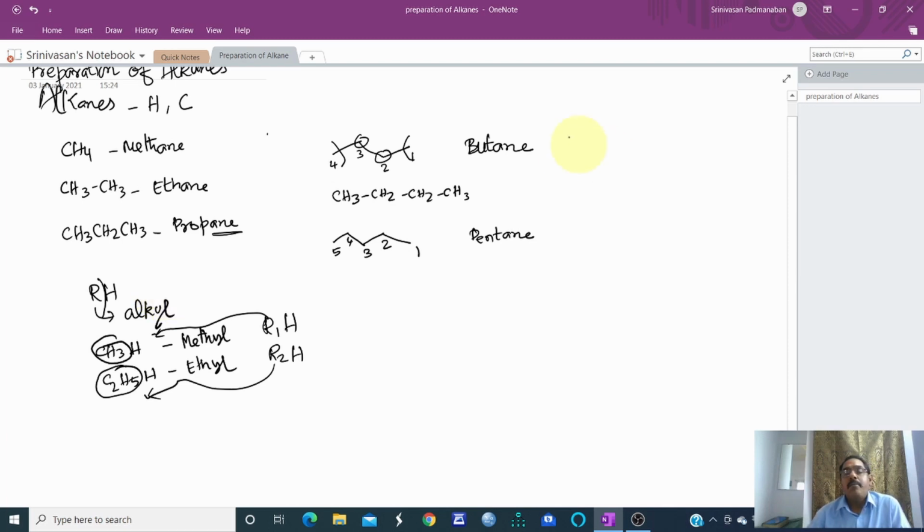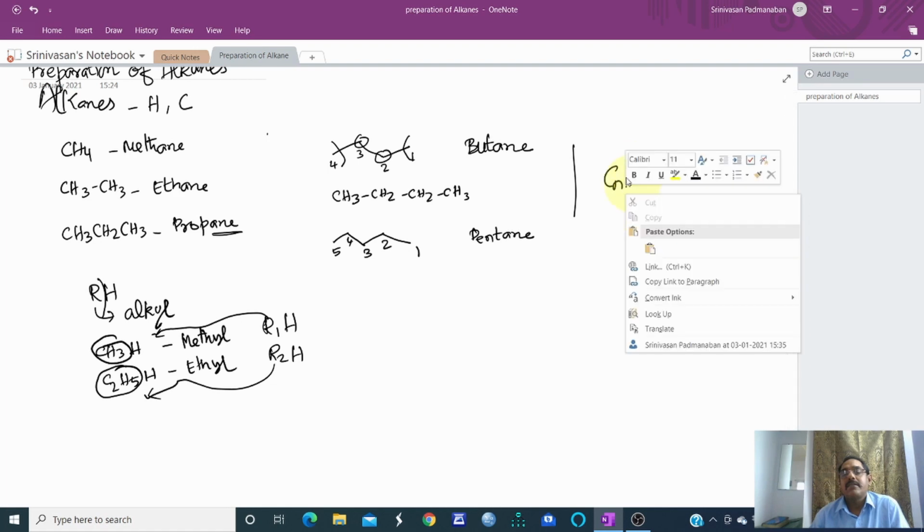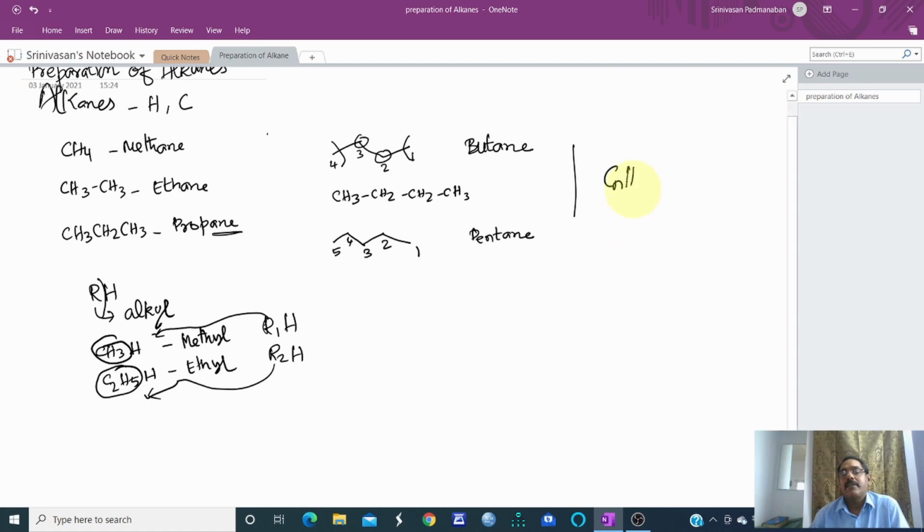The general molecular formula is CnH2n+2. Suppose carbon is 1, H will be 4, so that is methane. If carbon is 2, H will be 6, that is ethane. So this is the general molecular formula for this homologous series.